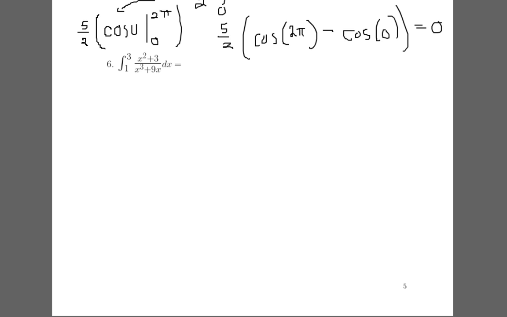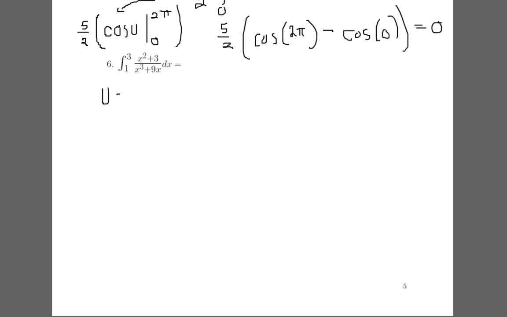All right, so this last one that I have prepared is another definite integral from 1 to 3 of x cubed plus 3 over x to the third plus 9x dx. In choosing our u, we want to choose the expression with the higher power, that way we can try to get our whole integral in terms of u.